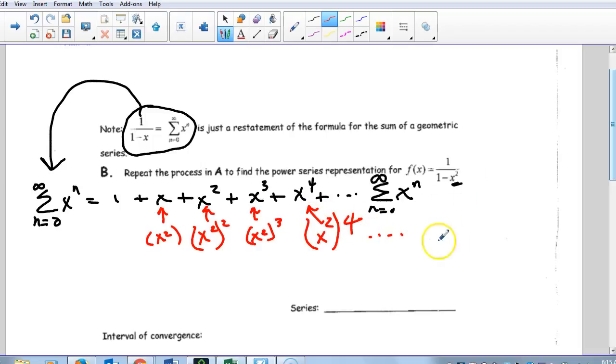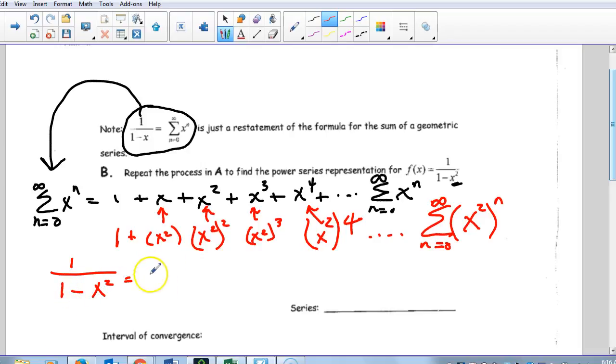Plus, blah, blah, blah. Do the same thing with your sum. So x squared to the n, going from 0 to infinity. So we write this out. Now, of course, the first one, there's no place to put an x. I just keep it a 1. So I'll say 1 over 1 minus x squared is 1 plus x squared plus x to the 4th plus x to the 6th plus x to the 8th.